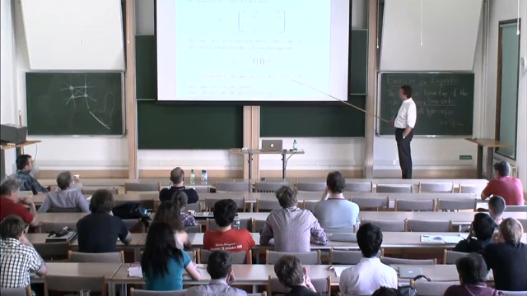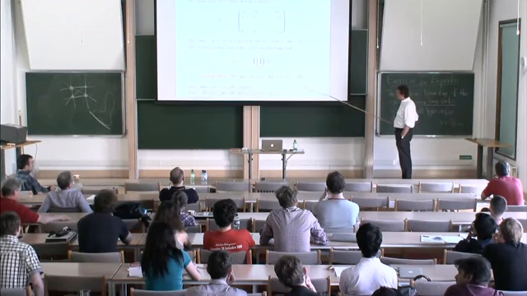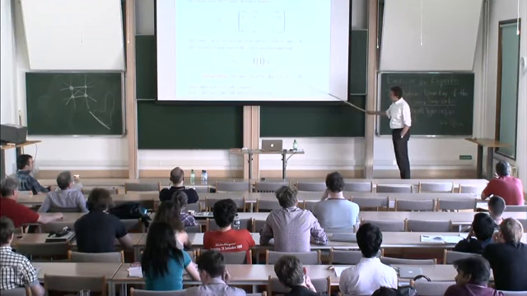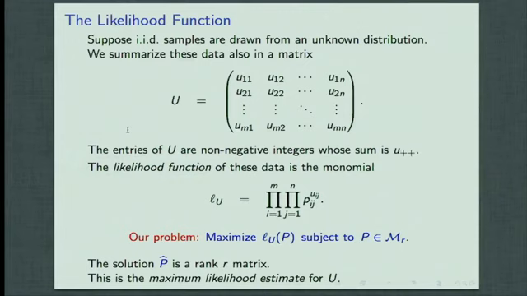Over all tables of rank R, we'd like to maximize this likelihood function, this monomial. Maximize a monomial over the model, in this case, low-rank matrices. So given the data, we would like to find the distribution that best explains the data. That's the goal.